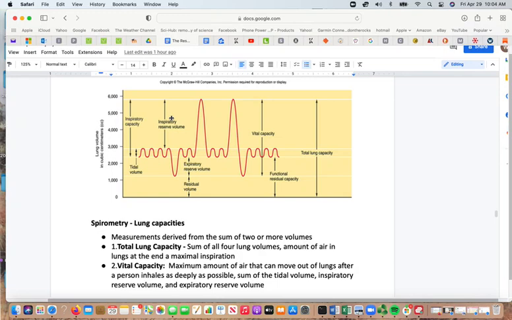Your vital capacity is the amount of air that can move in and out of the lungs after you inhale as deeply as possible and exhale as deeply as possible. So this is going to be the tidal volume plus the inspiratory reserve volume and the expiratory reserve volume. Inspiratory reserve, tidal volume, expiratory reserve, adding all three of those up.